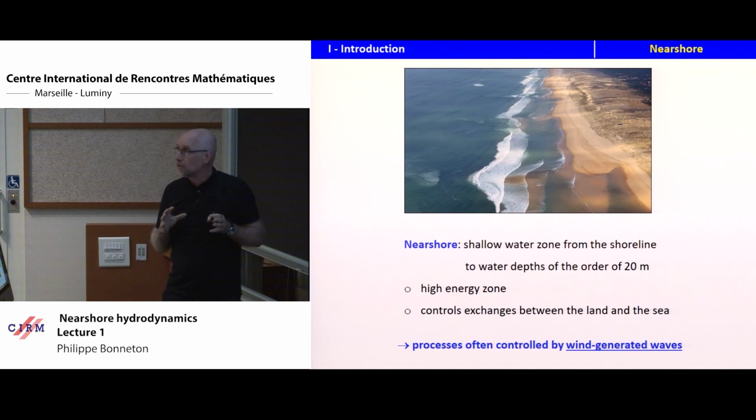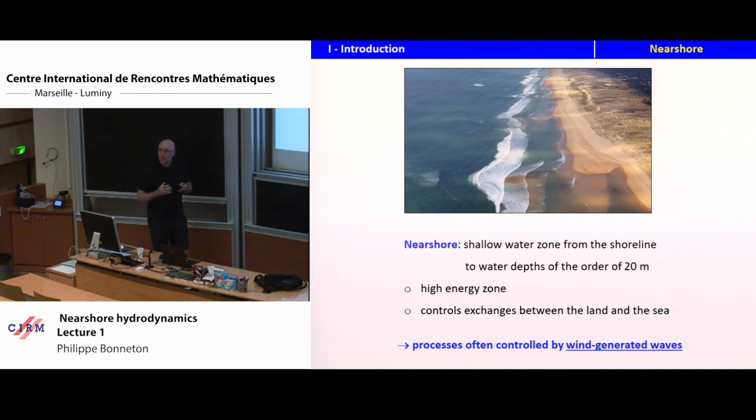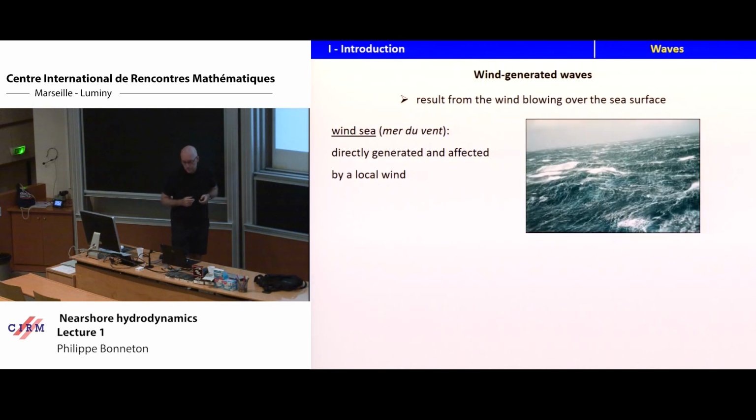And in this zone, hydrodynamics processes and sediment transport processes are most often controlled by wind-generated waves. Wind-generated waves result from the action of wind blowing over the sea surface. In fact, there are two main types of wind-generated waves.